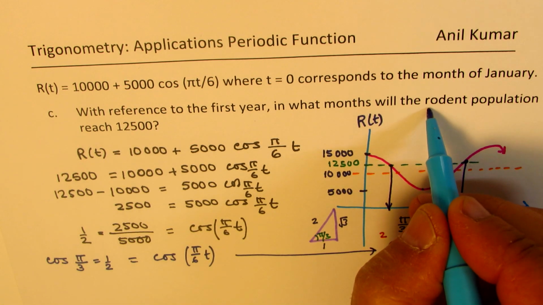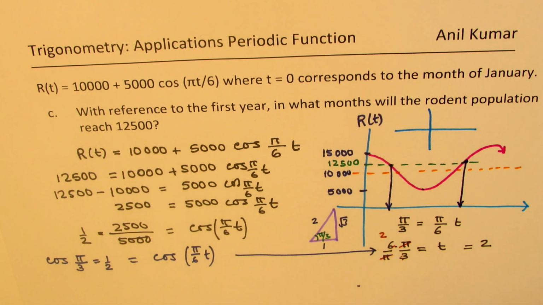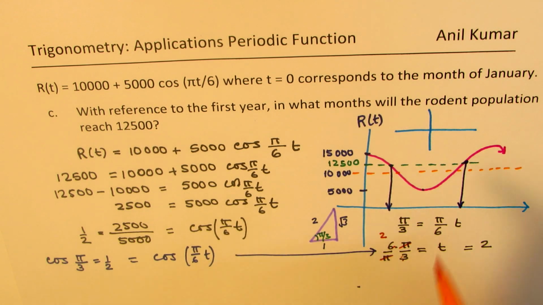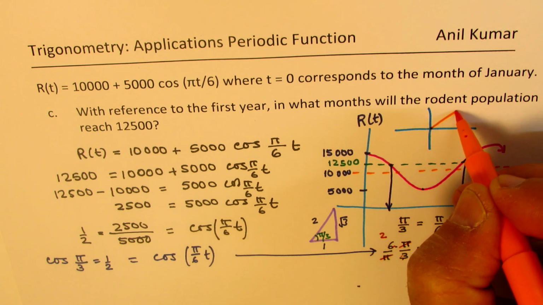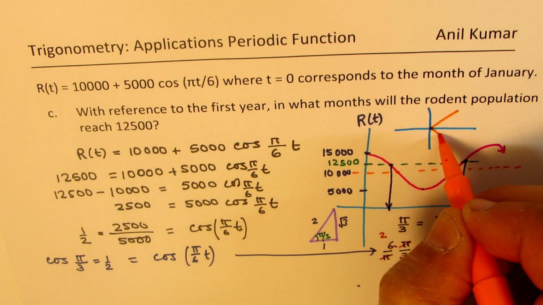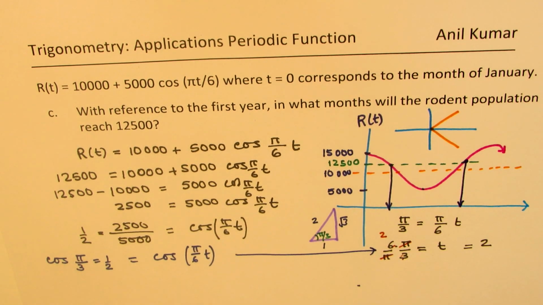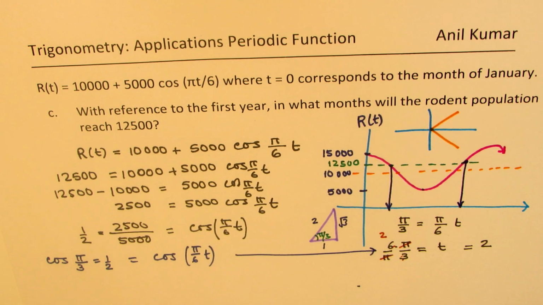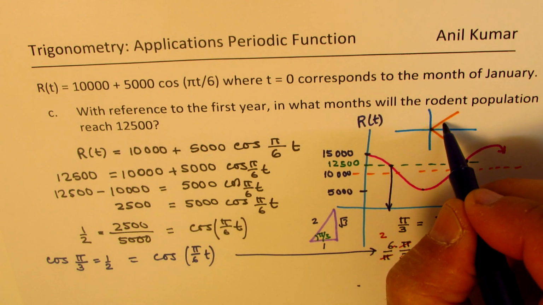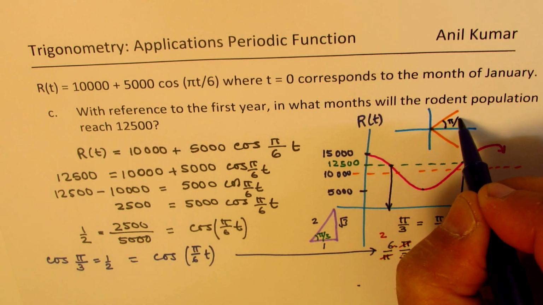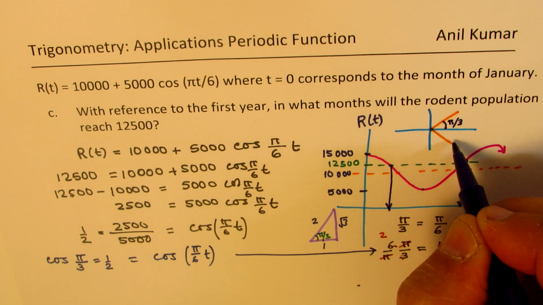Well, let's try to understand the situation. Cos is positive in two quadrants, quadrant 1 and quadrant 4, correct? So that was the real question: how do I get this value? We figured out that this is pi by 3. So it has to be minus pi by 3.